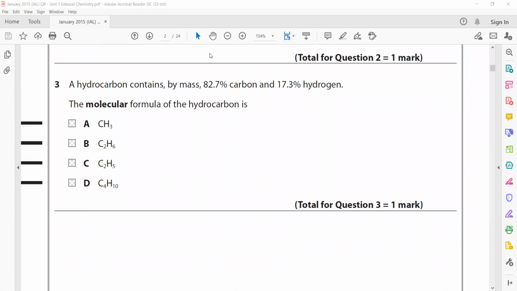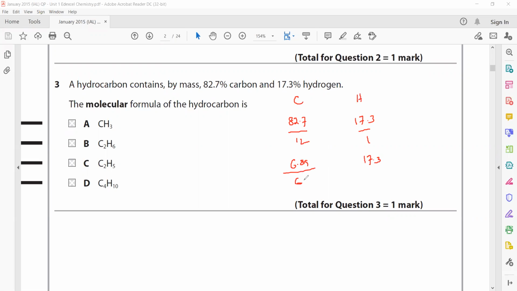A hydrocarbon contains 82.7% carbon and 17.3% hydrogen. For the molecular formula, first we'll find the empirical formula. We have the percentage of carbon and hydrogen: carbon is 82.7 and hydrogen is 17.3. Divide by atomic mass, so this will be 12 and 1. 82.7 divided by 12 will be 6.89, and this will be 17.3.